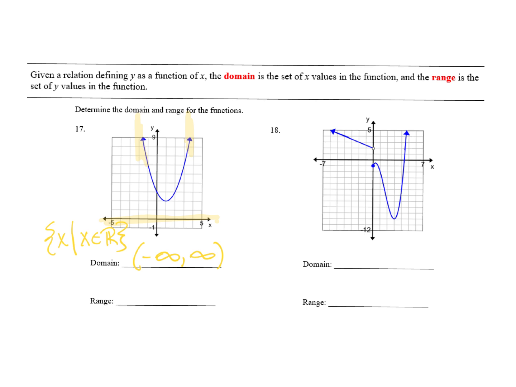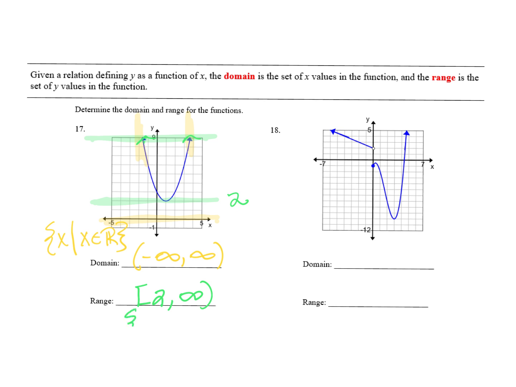Now, the range is going to be a little different. The range is my y values. So I have to look at my lowest y and my highest y. Well, my lowest y is right here at positive 2, but my highest y is arrows. That means I'm going to start at 2, but I'm going to go up forever. And so interval notation-wise, I would start with a bracket 2, and then I would go to infinity.